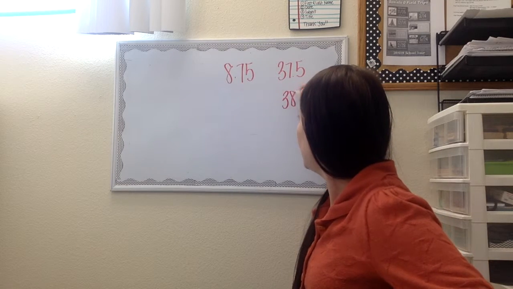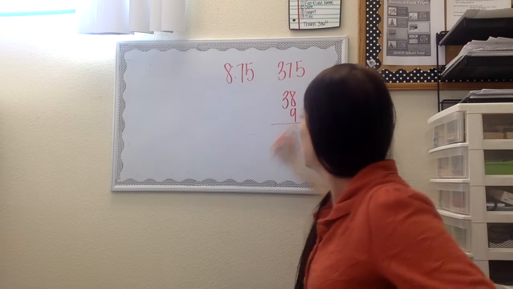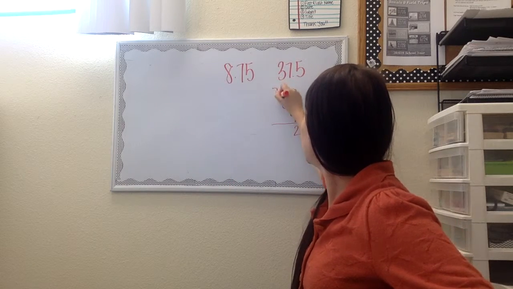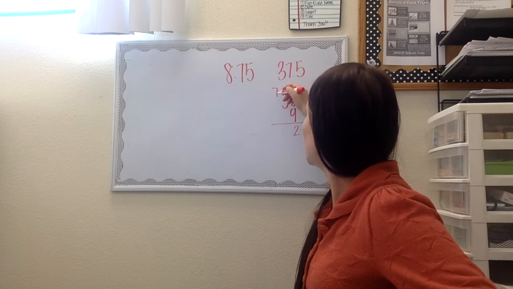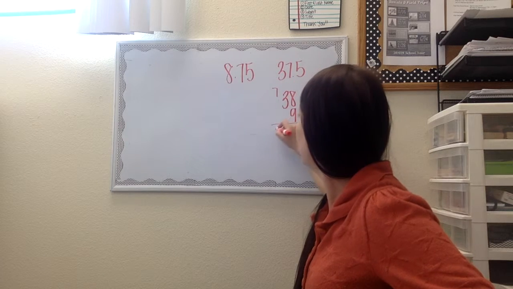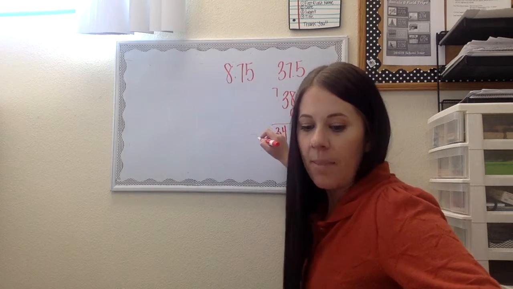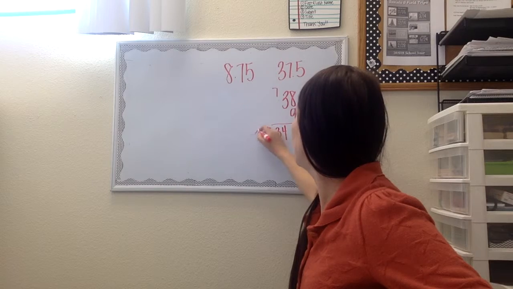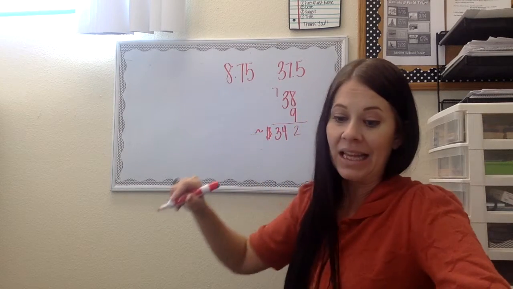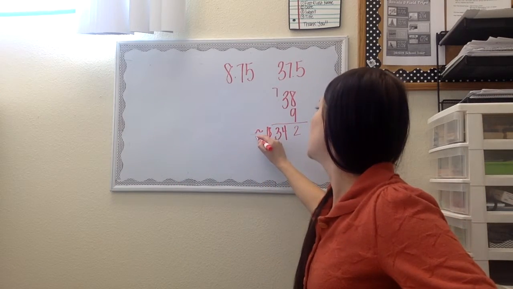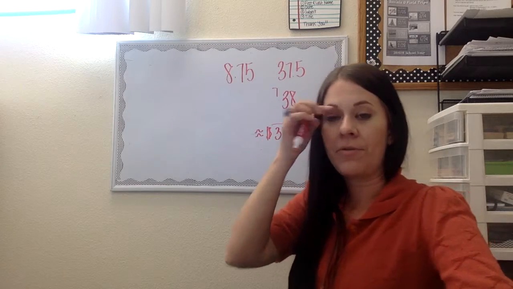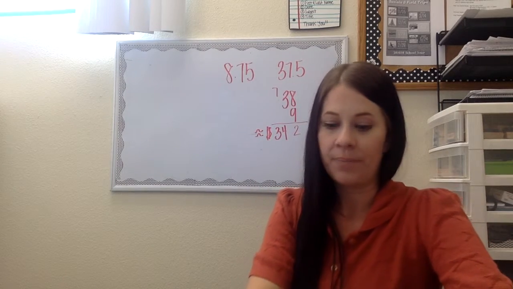So 38 times 9, so 2, 7, 27, 28, 29, 30, 31, 32, 34. So she earns about 340, oh no, we didn't estimate, I'm sorry. She earns about $342 a week.